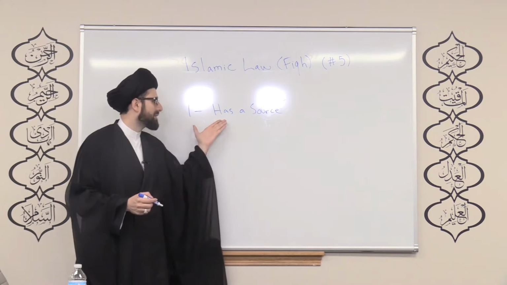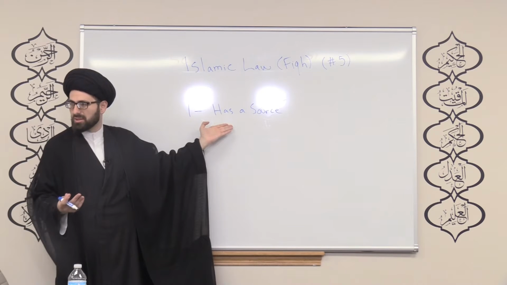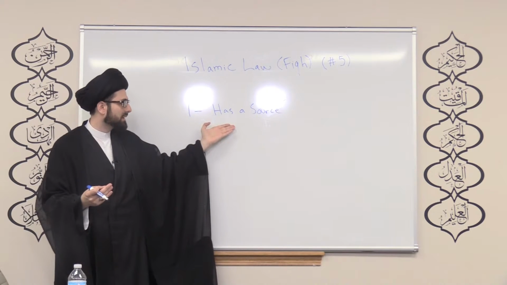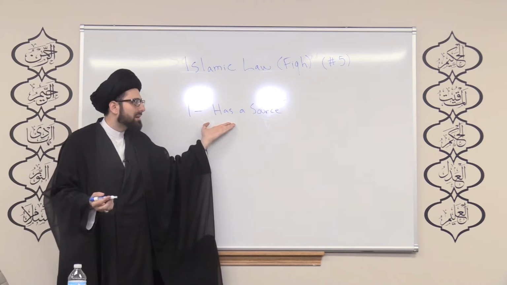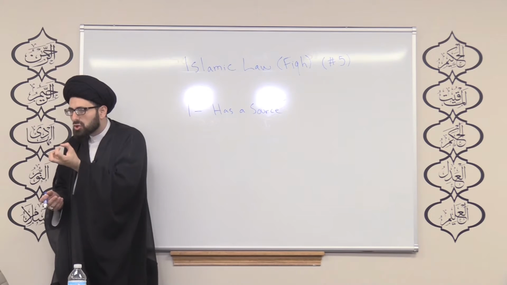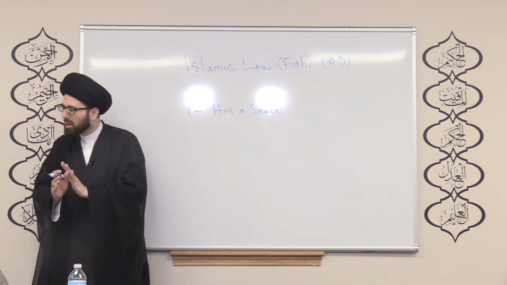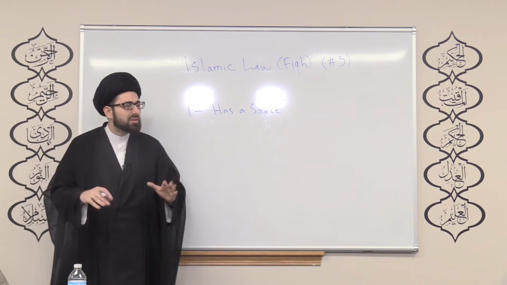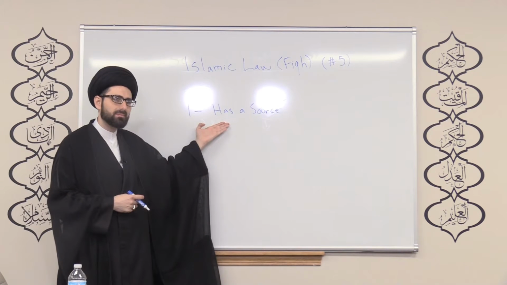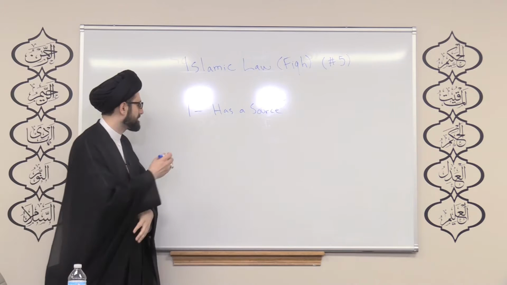So whenever water that has a source becomes najis through the color, through the taste or the smell, for it to become tahir, all that needs to happen is for that change to go away. That color to go away. That smell, that taste to go away. Whenever that happens, it becomes tahir. So that's the first type.